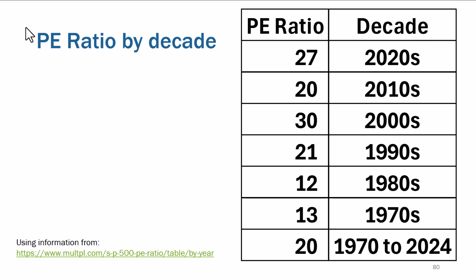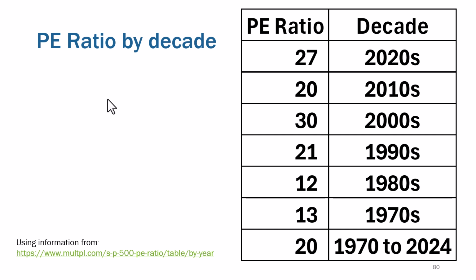It's interesting to look at PE ratios by decade. If you go to the bottom first on that one, you see from the 1970s to 2024, the average PE ratio was about 20. In the 1970s, it was 13. Again, I'm going from the bottom up, which meant $13 of stock price for every dollar of earnings per share. It stayed pretty steady there in the 1980s at 12.